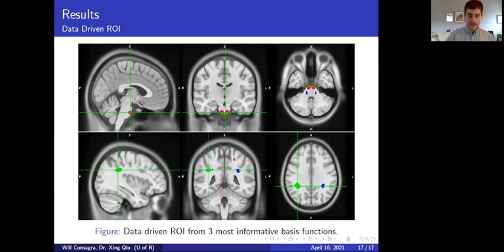But the take-home message here is that each of these regions are known to be affected in TBI from anatomical studies by radiologists. So we were able to, in a completely data-driven way, determine regions of the brain which are affected by the disease that we're interested in.